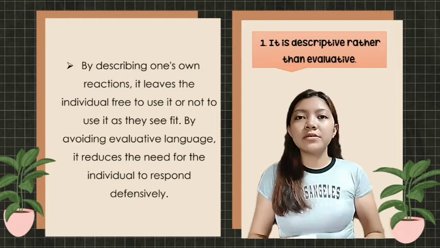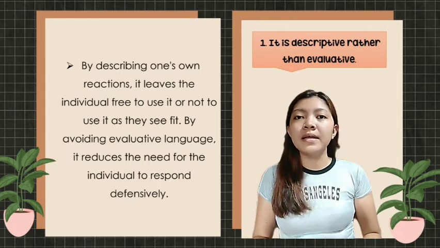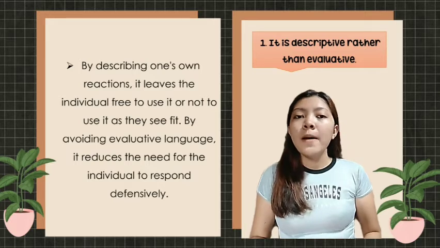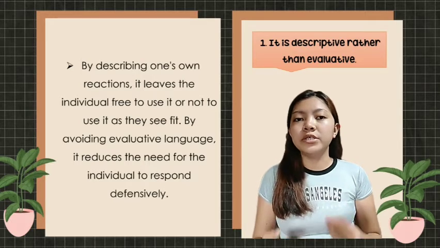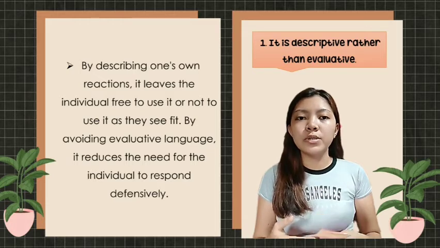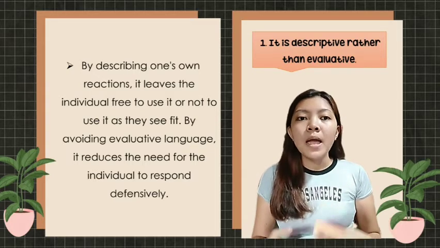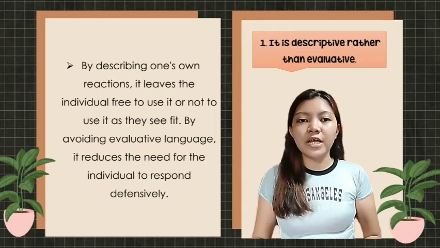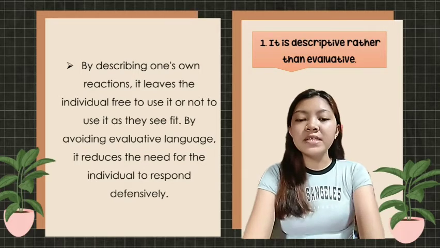So the first characteristic of constructive feedback is it is descriptive rather than evaluative. By describing one's own reactions, it leaves the individual free to use it or not to use it as they see fit. By avoiding evaluative language, it reduces the need for the individual to respond defensively.